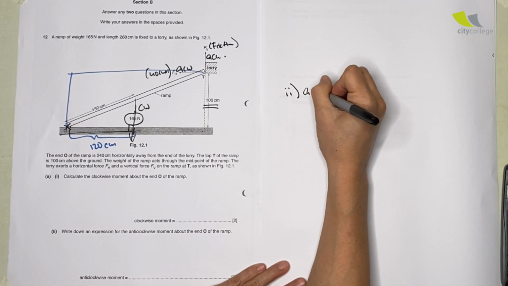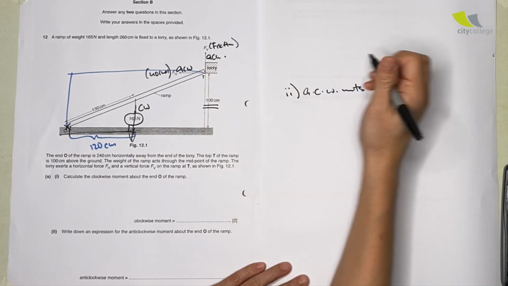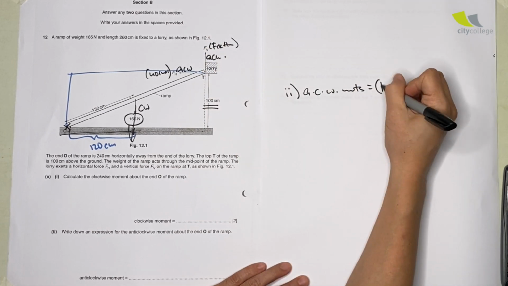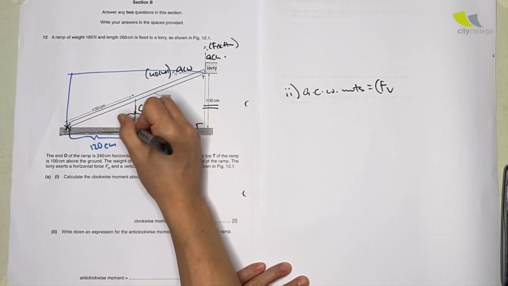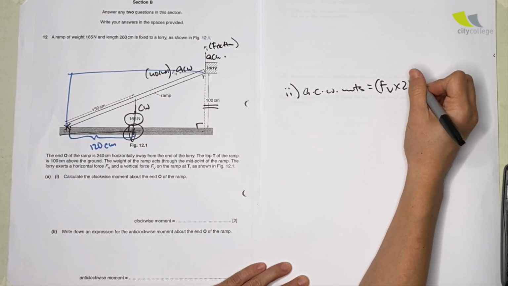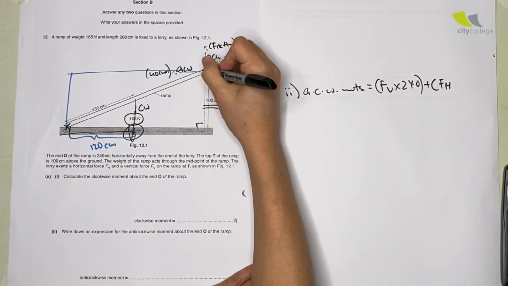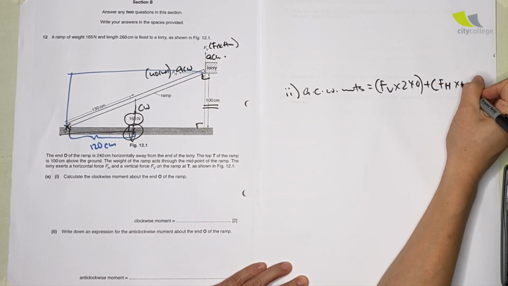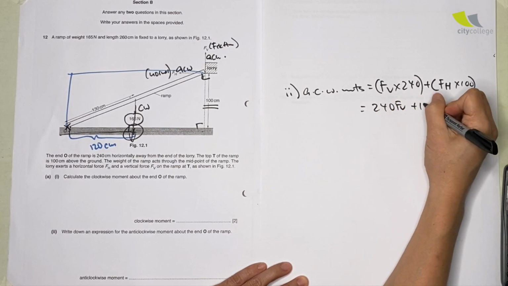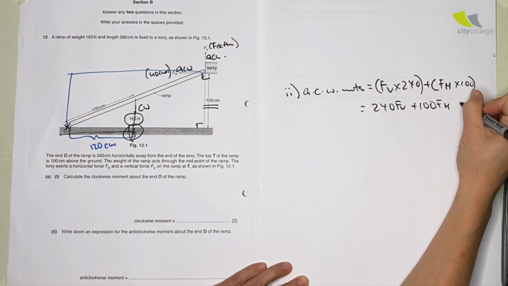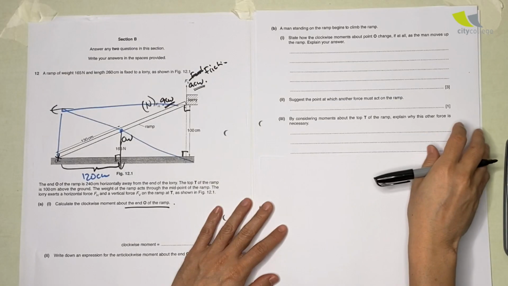So anti-clockwise moment will be equal to, first we have FV, whose perpendicular distance is 240, plus FH, whose perpendicular distance is 100. So 240 FV plus 100 FH Newton cm. So this will be an expression. That's your 4 marks.